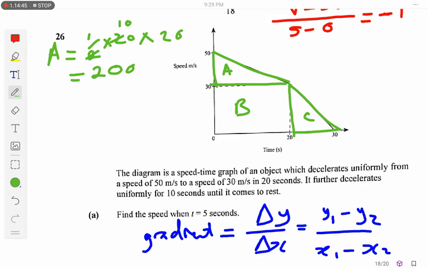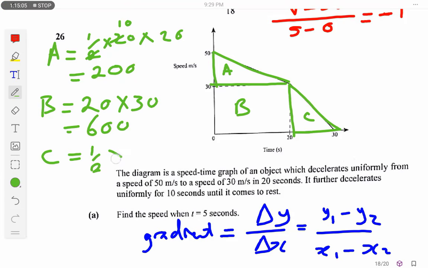Then for B, it's going to be equal to 20 by 30. So this is going to give me 600. Then for C, it's going to be half base times height, base 20 to 30, 10, times height 30 there. So this is going to be 5 times 30, I get 150.